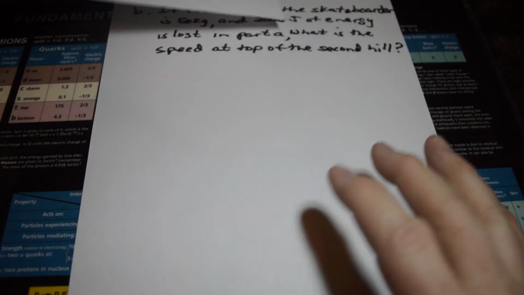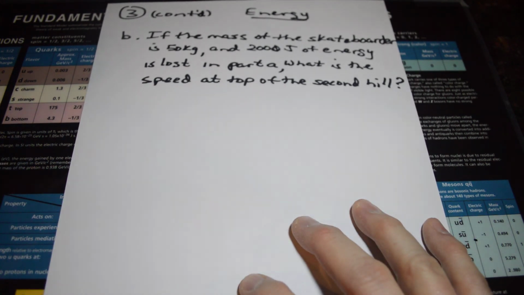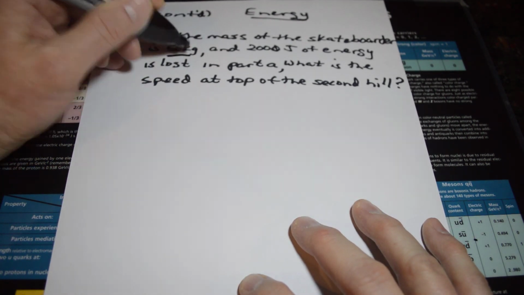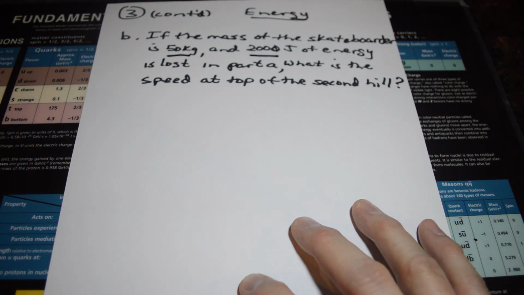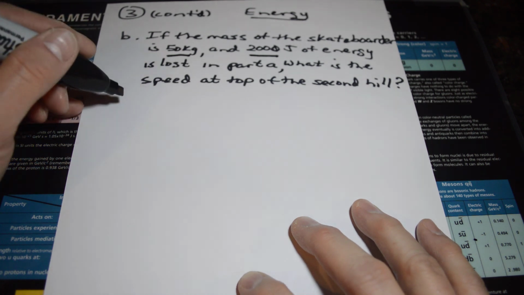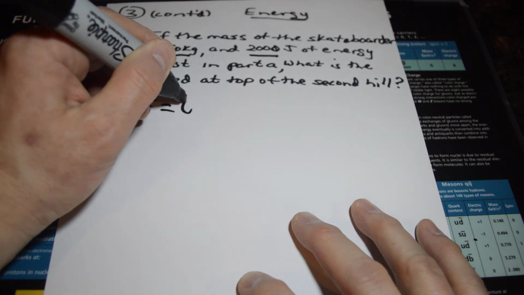And we're going to do one more part to that, and that is, how about if it loses energy as it goes down? It says that the mass now is 50 kilograms and it loses 2,000 joules of energy as it falls. What is the speed at the top of the hill, the second hill? So we're still going to use energy conservation.